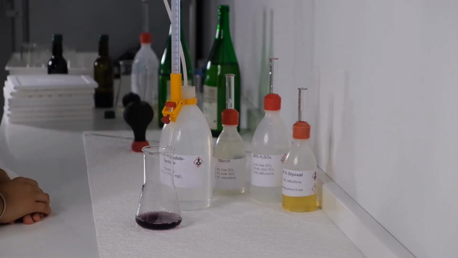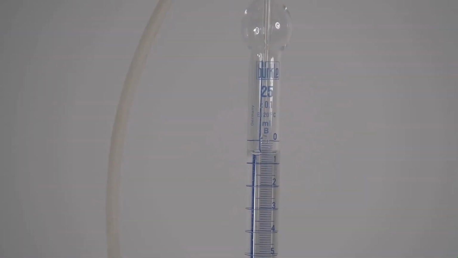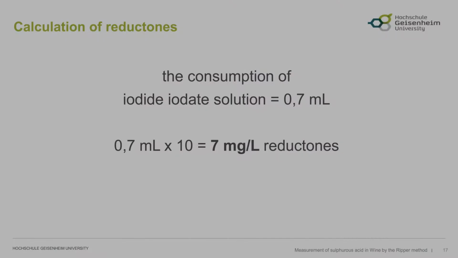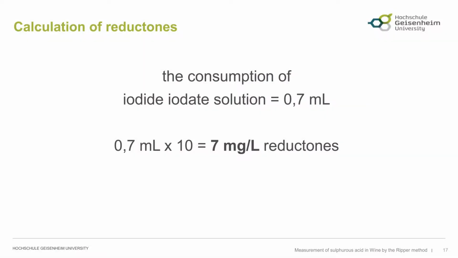The blue staining must remain for 10 seconds. In this case we used 0.7 ml iodine solution. The consumption of iodine solution in milliliter multiplied by 10 corresponds to the content of reductones in milligram per liter. So we get the result of 7 milligram reductones per liter.